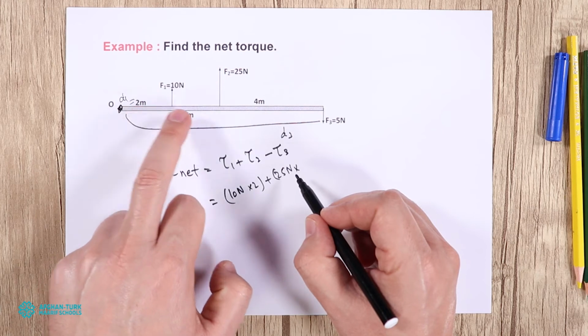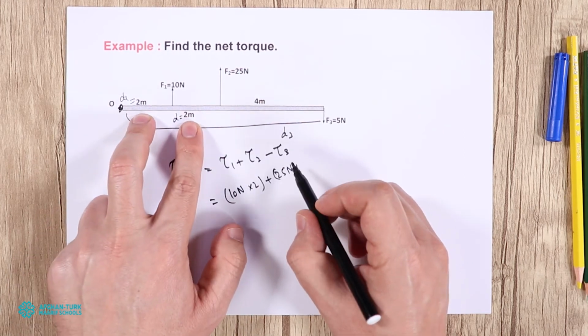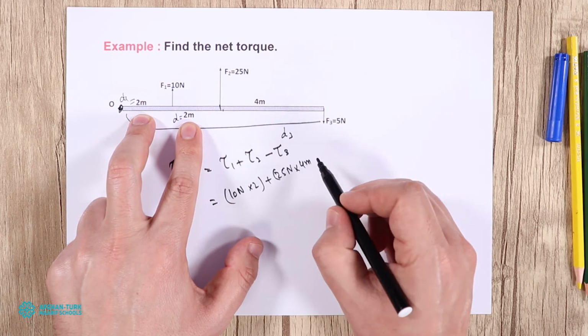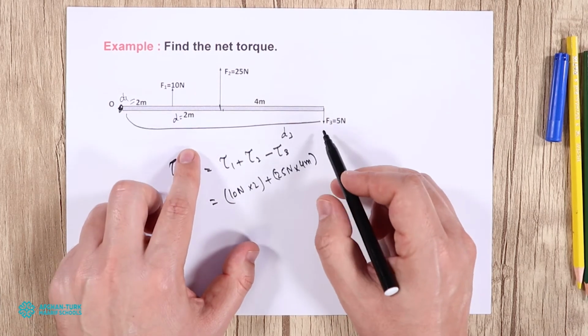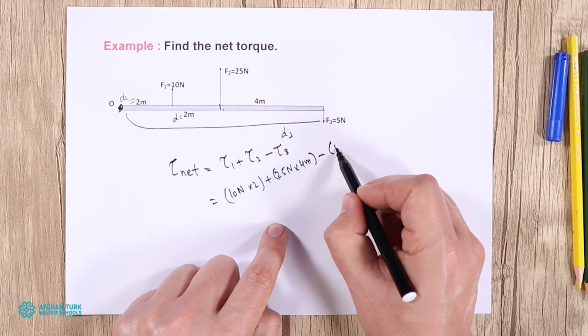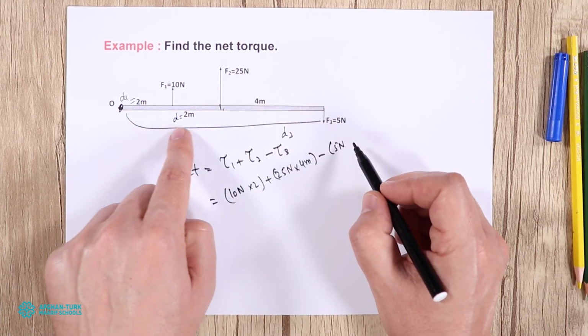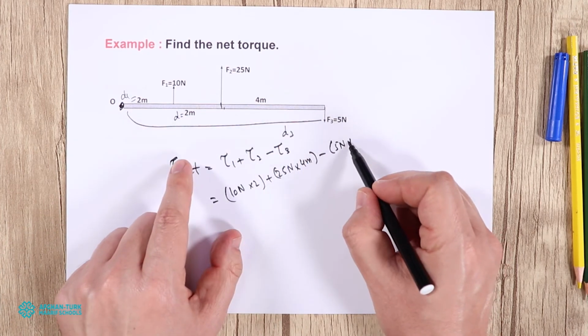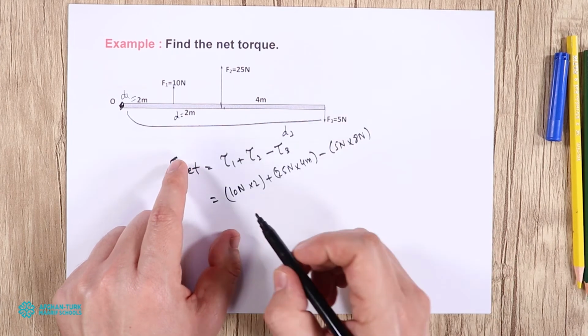We will count these two distances. So 2 plus 2 is equal to 4 meter, and then a negative sign, and the last one, F3, is 5 Newton, and the total distance is 2 plus 2, 4, and after this 4, so multiplied by 8 Newton.